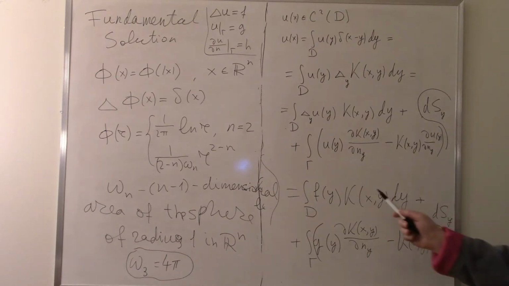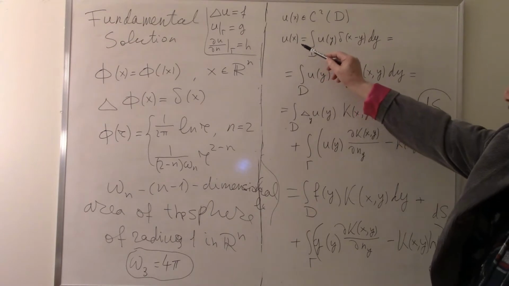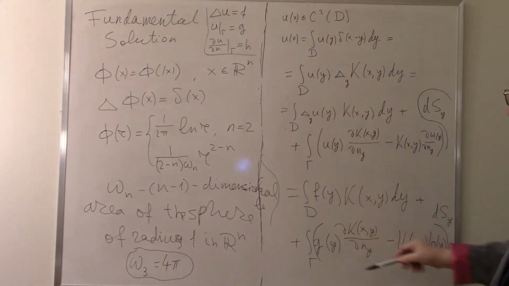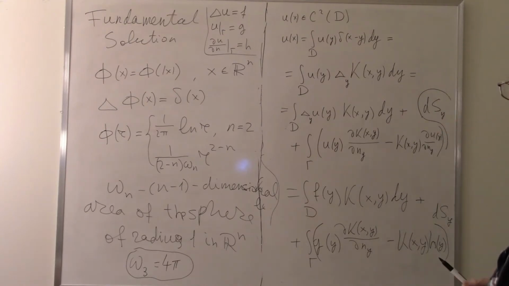So in this formula, you see, we started from u of x. Yes? So it appears that here is the solution of our problem.